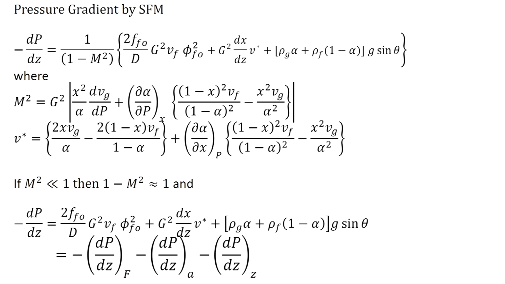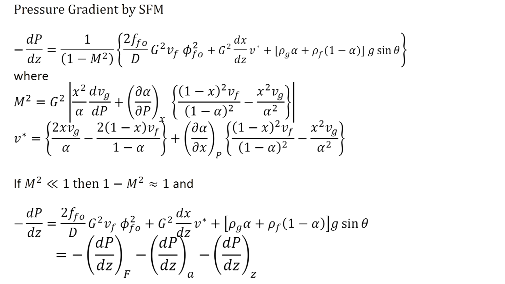So, if m square is much less than 1, then again we can consider 1 minus m square to be approximately equal to 1 and in case m square is not negligible, then we have to retain 1 minus m square in the denominator and in that case we will have to do numerical integration and we cannot derive any simple expressions. So, we will consider only the case where m square is negligible.